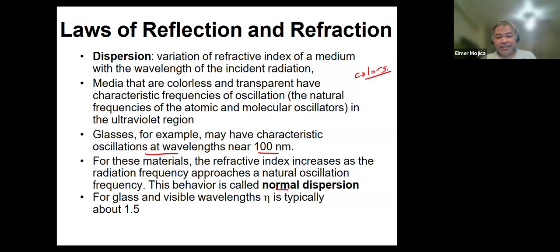Imagine you have a beam of white light. It passes through a prism. What will happen there? In normal dispersion, what will the prism do? The blue is faster than the red. So if you have white light passing through the prism, what will the prism do?